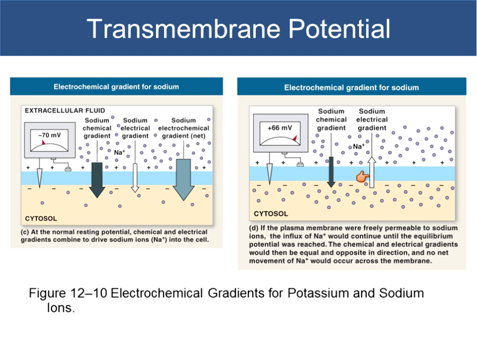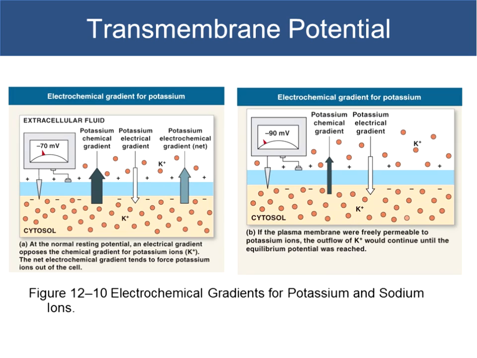Now, if the plasma membrane were freely permeable to sodium, the movement of sodium would continue until once again equilibrium was reached. The chemical and electrical gradients would be equal and in opposite directions, so we wouldn't have any net movement of sodium, but look what happens to our charge. It goes up to plus 66.